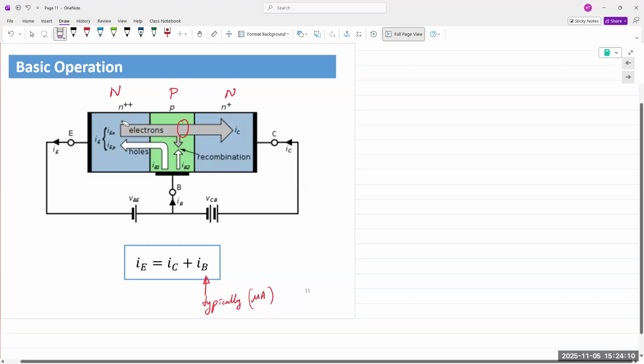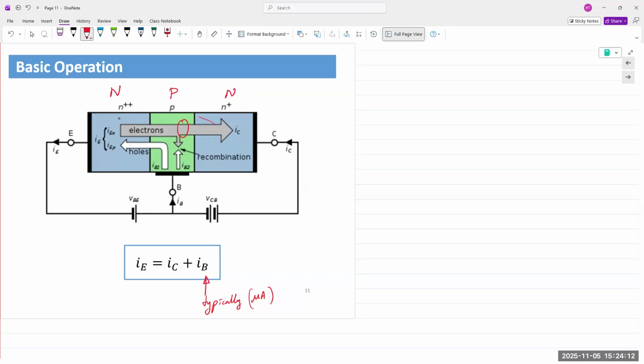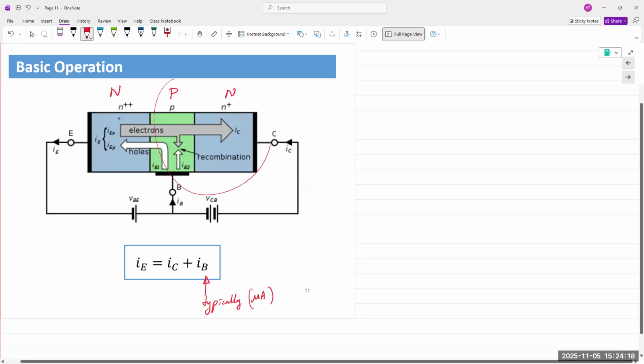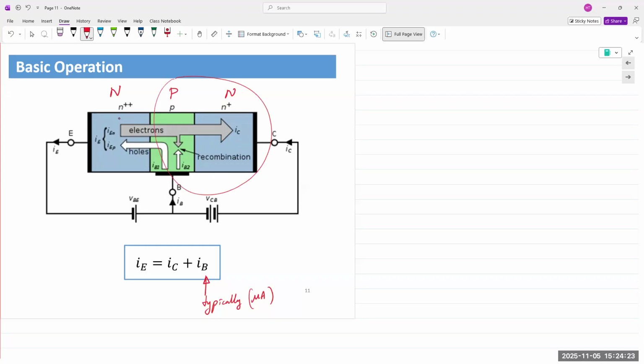Now, if you take the collector and the base junction, which is this PN junction, if you forward bias it, what would happen? Again, forward bias junction, you'd expect some current to flow through, but not enough because electrons are now going in the opposite direction. There are holes that are moving in there, just standard operation, okay? Nothing else results. But now if you reverse bias it, what do you think will happen?